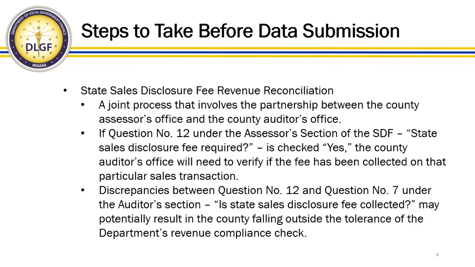If there are differences or discrepancies between question number 12 under the assessor section and question number 7 under the auditor section of the form, which asks, is the state sales disclosure fee collected, then those discrepancies could potentially result in your county falling outside our allowable tolerance for the revenue check that we run on your sales disclosure data.